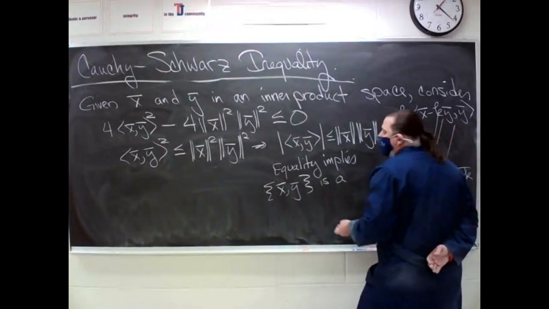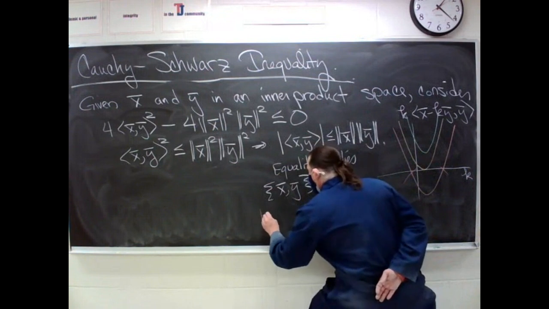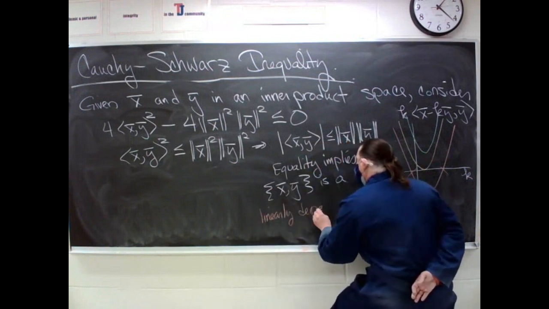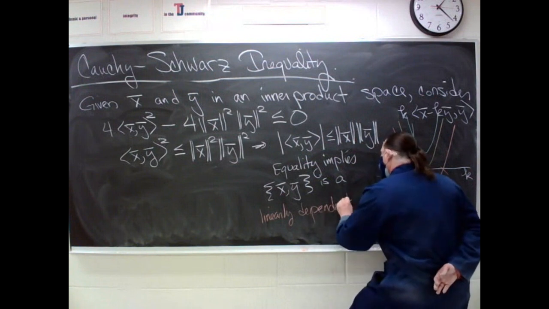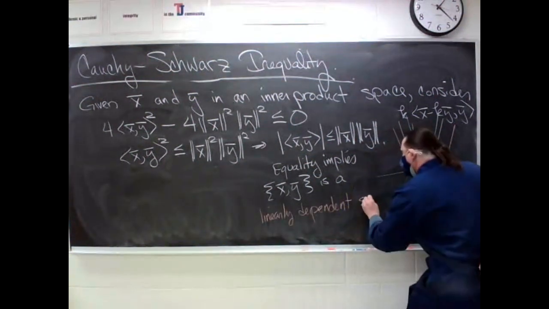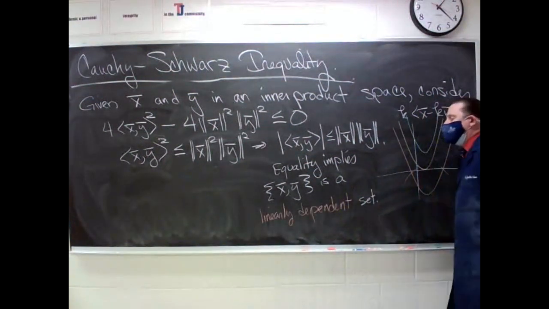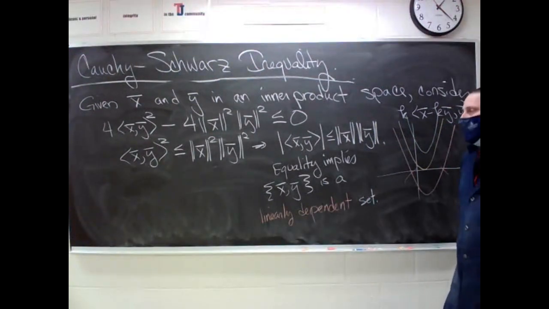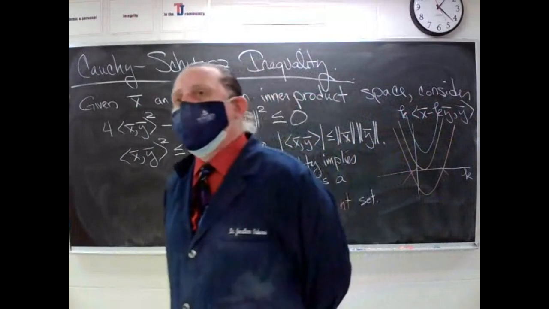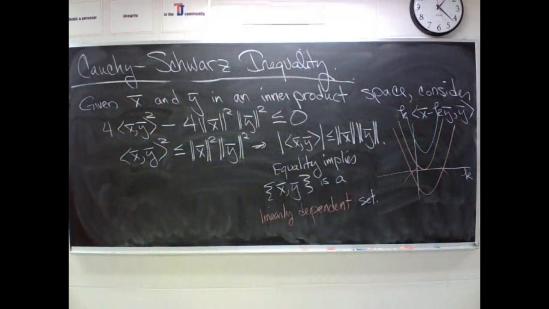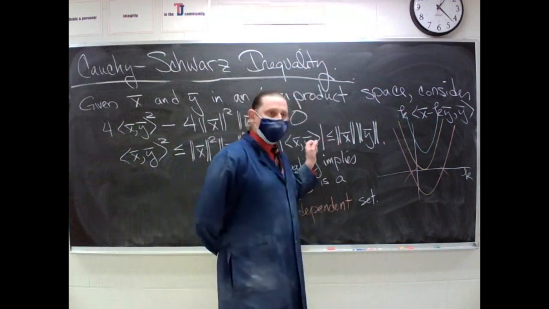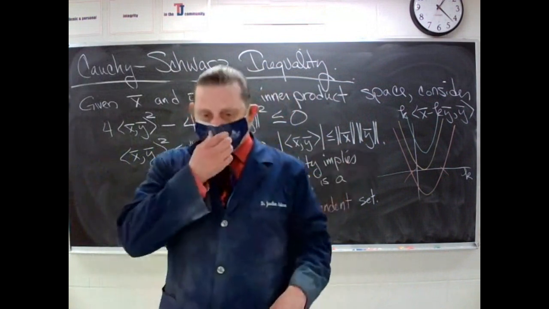And that would imply that x, y is a linearly dependent set. All right, so if x and y are linearly independent, then this inequality is strict. It must be strictly less than.